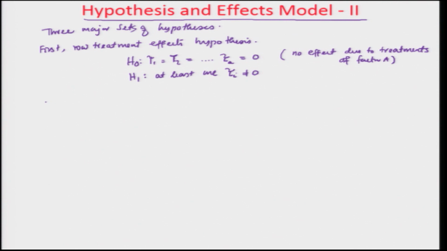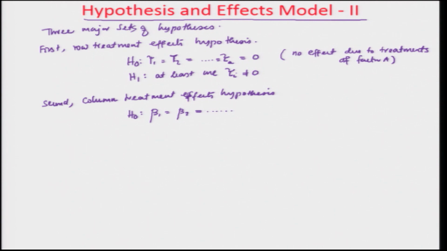Second, the column treatment effects hypothesis. What we do next is the column treatment effects hypothesis, where the null hypothesis H0 is that beta 1 is equal to beta 2, all the way up to beta b, little b, is equal to 0.